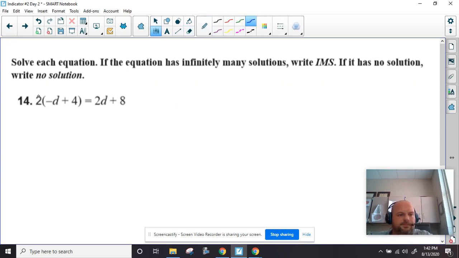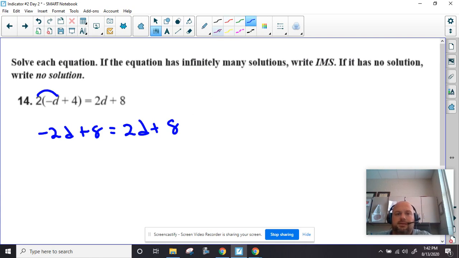So this is negative 2d plus 8 equals 2d plus 8. Are they the same? Look at the problem. If you have issues with this, after you do a step, I suggest you look at it for like 3 to 5 seconds.